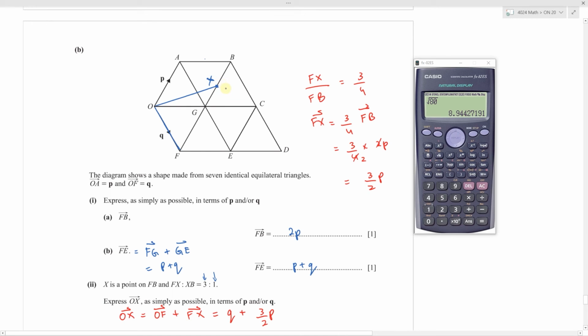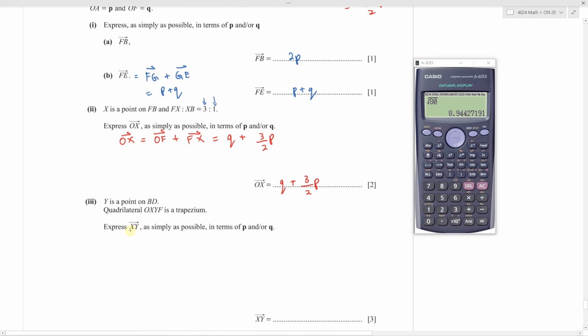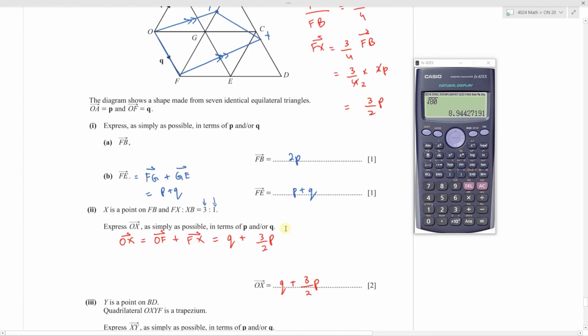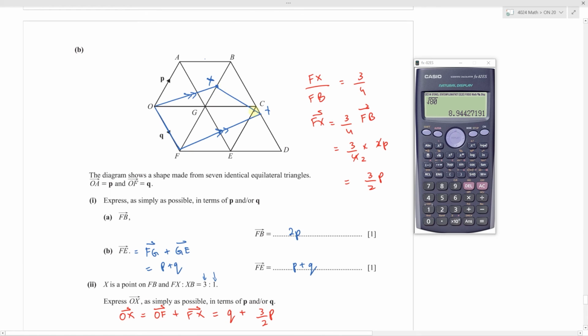So let's see, maybe Y is here somewhere. Now this looks like a trapezium where this line is parallel to this line. Okay, let's go back. You have to express XY as simply as possible in terms of P and Q. So XY is this vector.